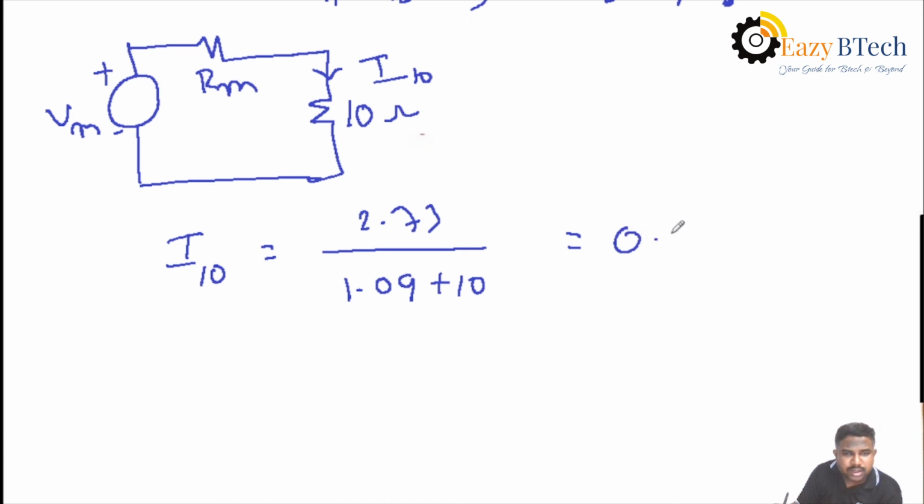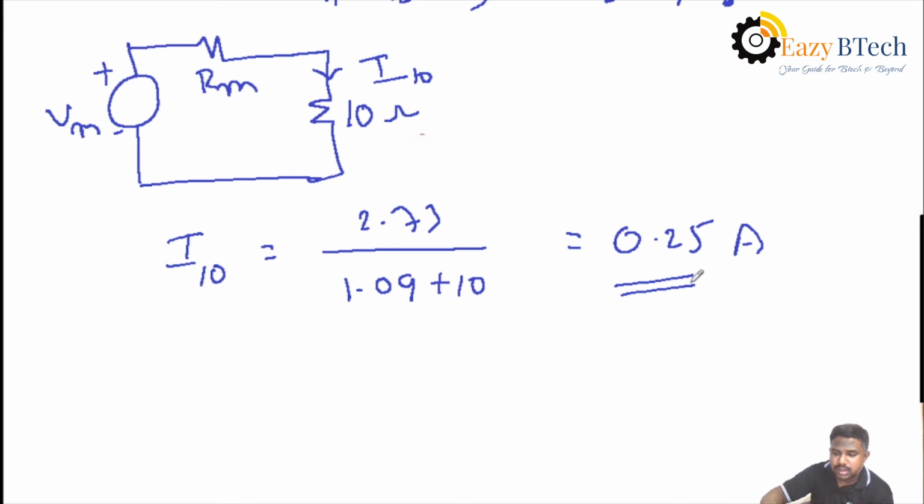You will get the current passing through 10 ohms as 0.25 amperes. Okay, in this way, you first calculate Millman's voltage, then calculate Millman's resistance, then draw the Millman circuit, then find the required value passing through the element.